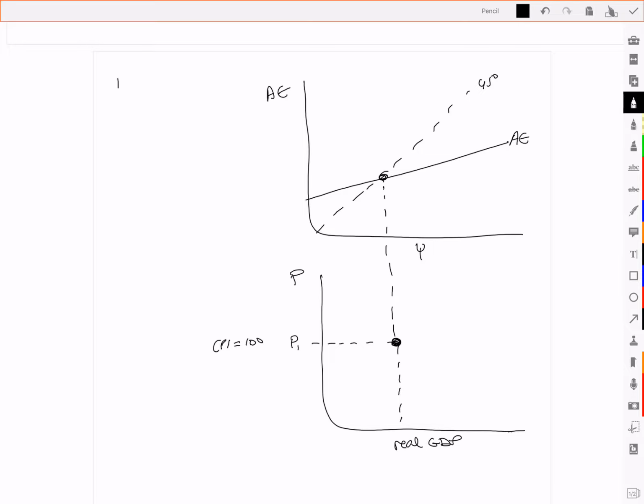Now, let's suppose that prices go up. What impact do prices increasing have on aggregate expenditures? Well, recall what changes C and I and G and X minus IM.